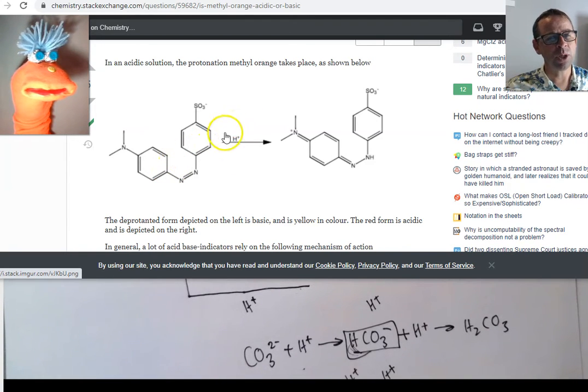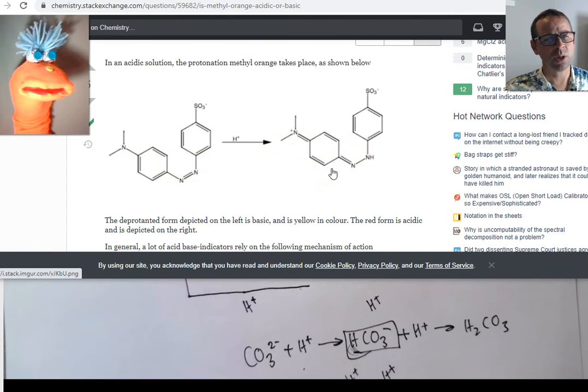And so when you put an extra proton onto this molecule, it goes right here, and it results in a positive charge there, and that positive charge changes this nitrogen and allows it to have extra electron density. And so see how all the electrons can shift in this molecule. See how all those electrons shift?